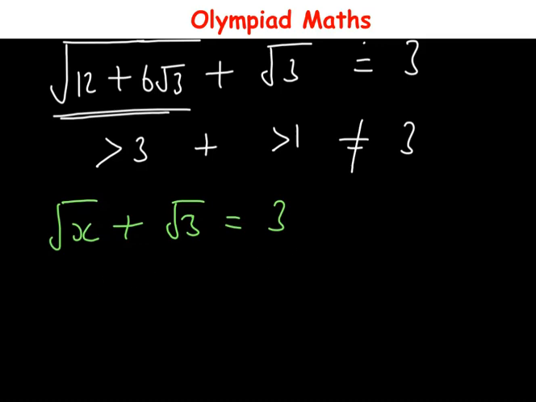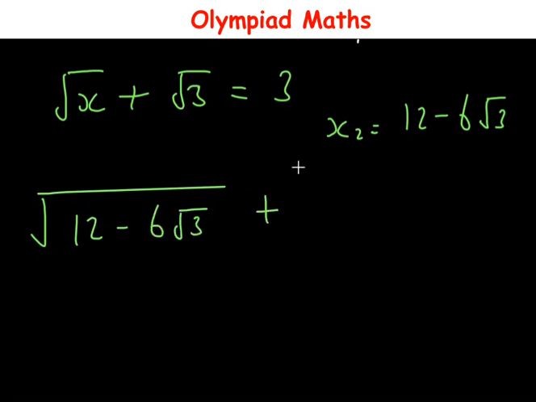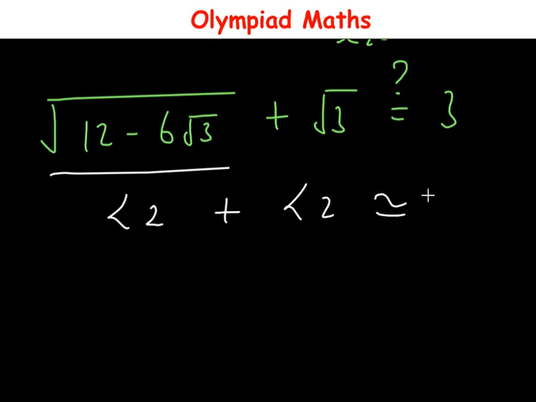Putting x2 into the equation, we have the square root of 12 minus 6 root 3, plus root 3, with this equal to 3? The value of the square root of 12 minus 6 root 3 will be less than 2, and if you add the square root of 3, which is less than 2, what you have is a value that will be approximately 3.